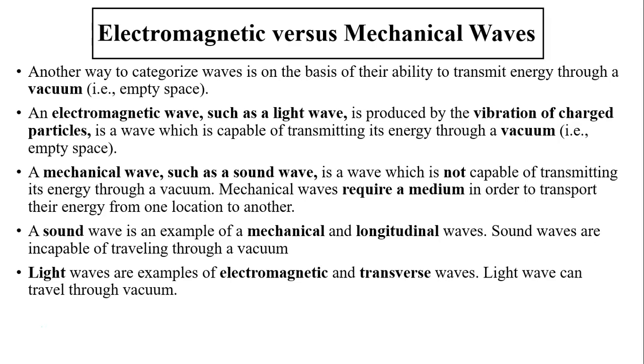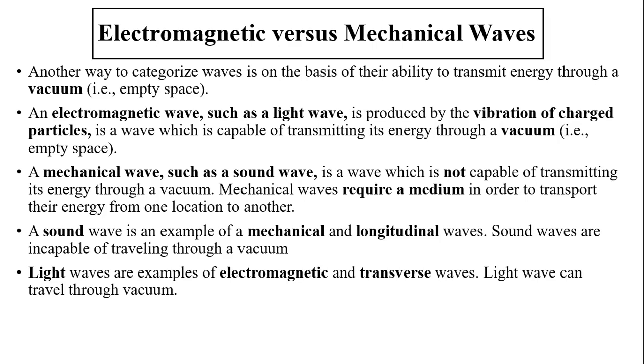It is a wave which is capable of transmitting its energy through vacuum. So light wave is an electromagnetic wave. A mechanical wave, such as a sound wave, is a wave which is not capable of transmitting its energy through a vacuum. A mechanical wave requires a medium in order to transport its energy from one location to another.